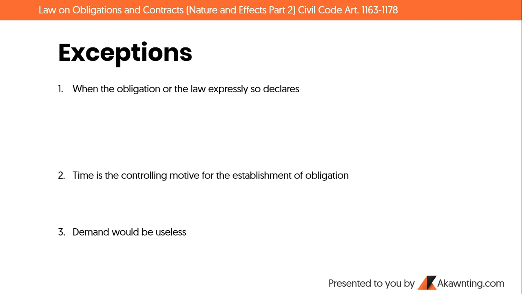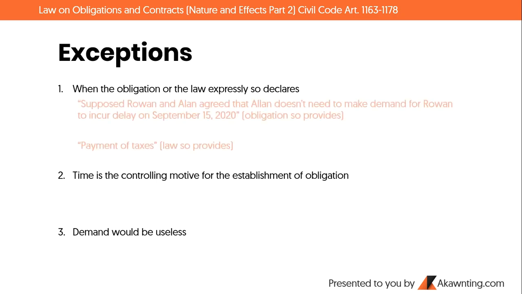Okay, punta naman tayo sa mga different exemptions under the unilateral obligations. So when the obligation or the law expressly so declares, so suppose Row 1 and Alan agreed that Alan doesn't need to make demand for Row 1 to incur delay on September 15, 2020. Okay, so this is when the obligation so provides. So ibig sabihin, doon pa lang kumbaga doon sa usapan nila, hindi na kailangan mag-demand daw ni Alan in order for Row 1 to incur delay.